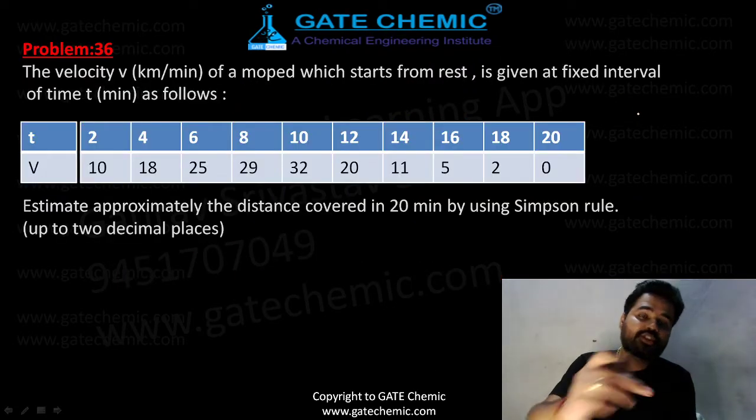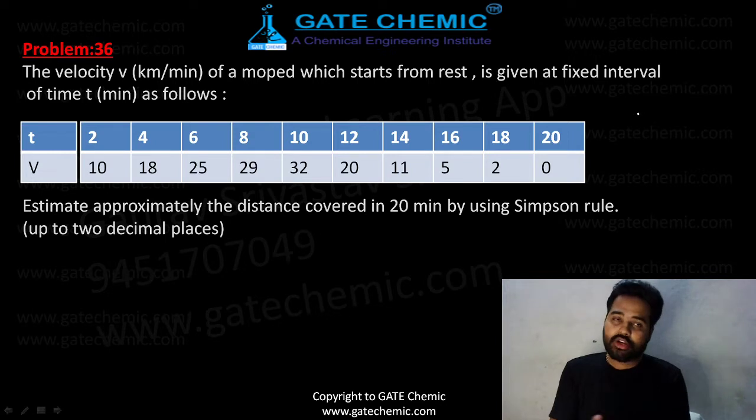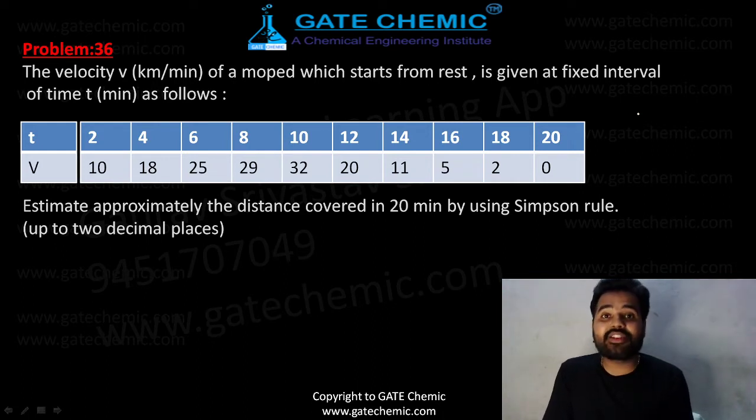So this is today's problem number 1, and in numerical methods, this is problem number 36. The velocity v in kilometers per minute of a moped which starts from rest is given at fixed intervals of time t in minutes as follows.